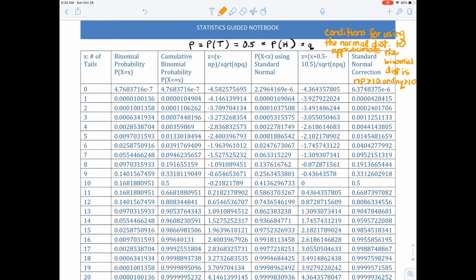Actually, it doesn't even need to be standardized, so I'm just going to say the normal distribution. That's how we're going to deal with it in our class, so just keep that in mind.